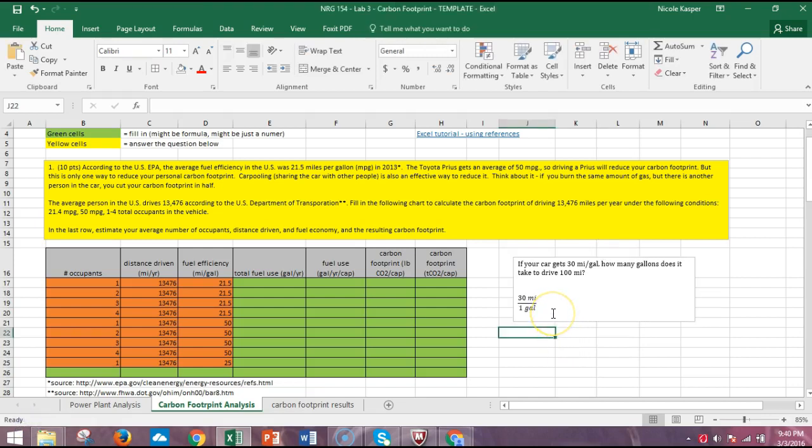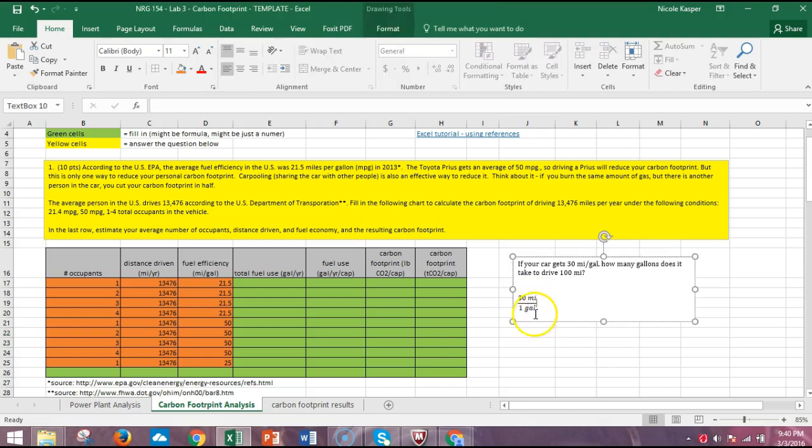So we're used to thinking of 30 miles a gallon as 30 miles is 1 gallon, or 30 miles per gallon. So the problem is if we try to insert a conversion factor here, we run into trouble. So in order to, what are we going to do here? Cancel out miles, so we can do 1 over 100 miles maybe.